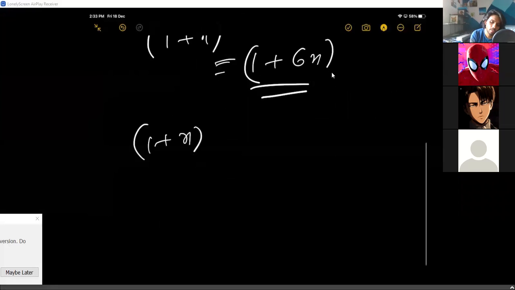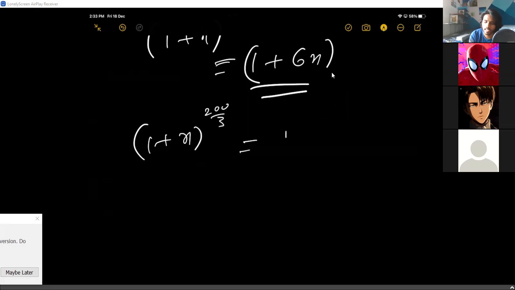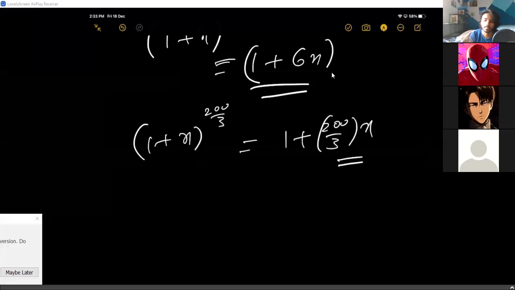1 plus x power 200 by 3, I can write this as 1 plus 200 by 3 x. You can do that. This is an approximation you are going to learn in the future, maybe not right now, but try to remember this idea.